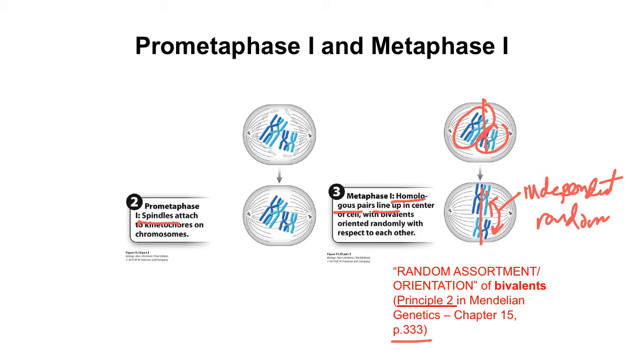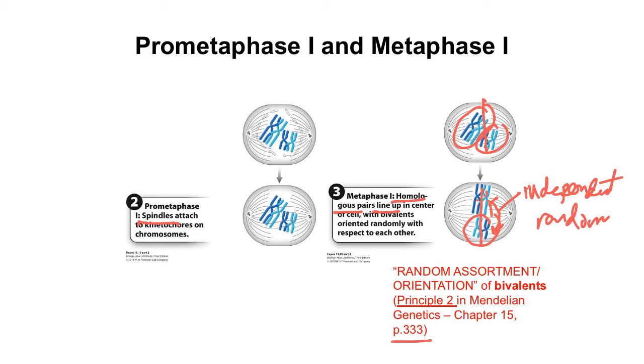So to repeat, the way these bivalents are oriented, whether it is blue on this side and the lighter blue on that side, does not influence the orientation of the other pair in the center of the cell.